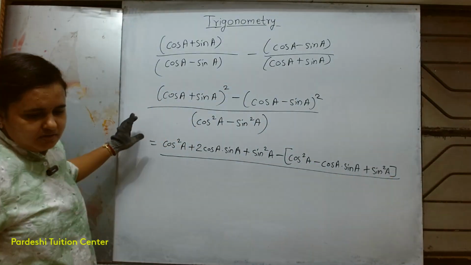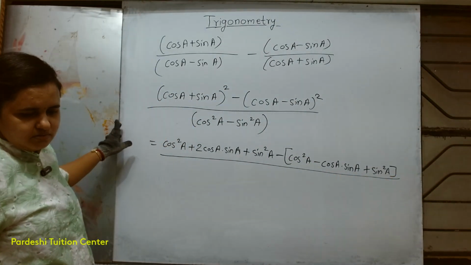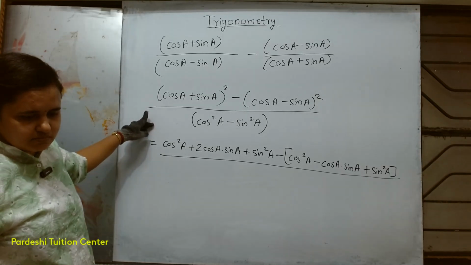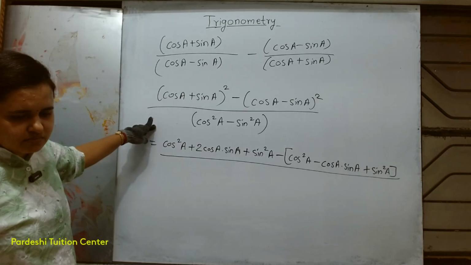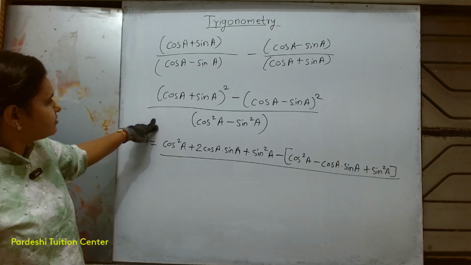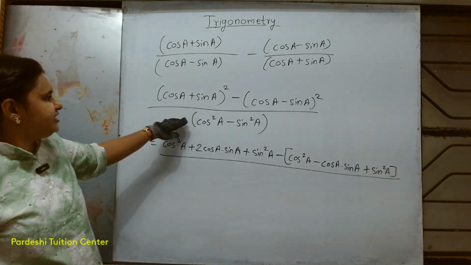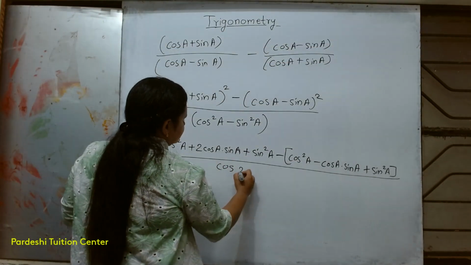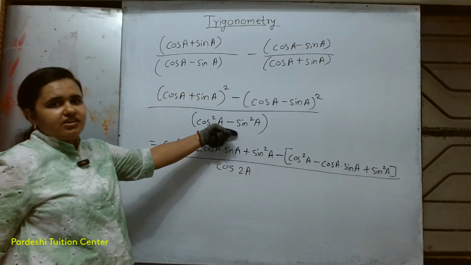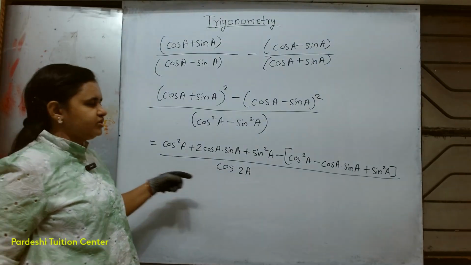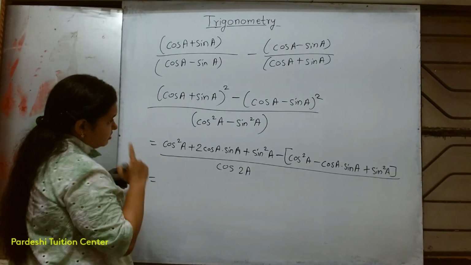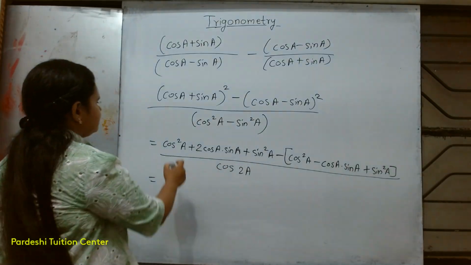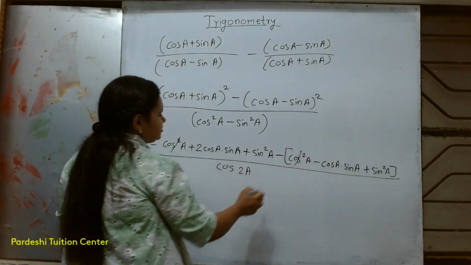Now again, cos square A minus sin square A is the formula of cos 2A. So we can write it directly as cos 2A. Now cos square A, if we multiply minus inside, cos square A minus cos square A will be 0.